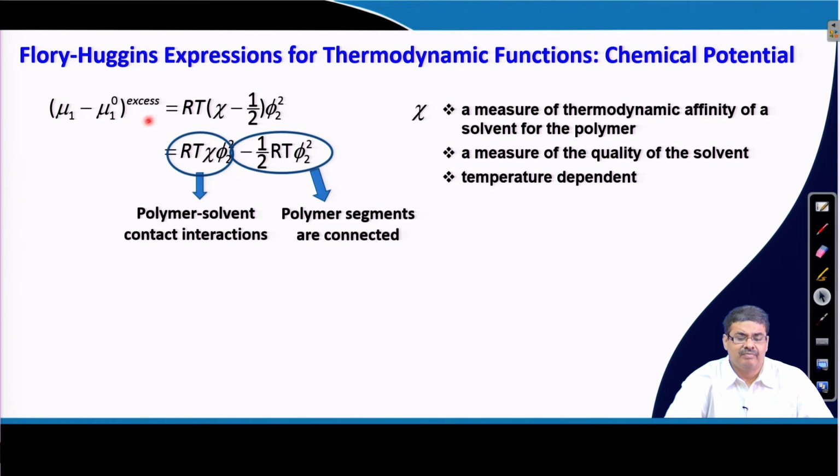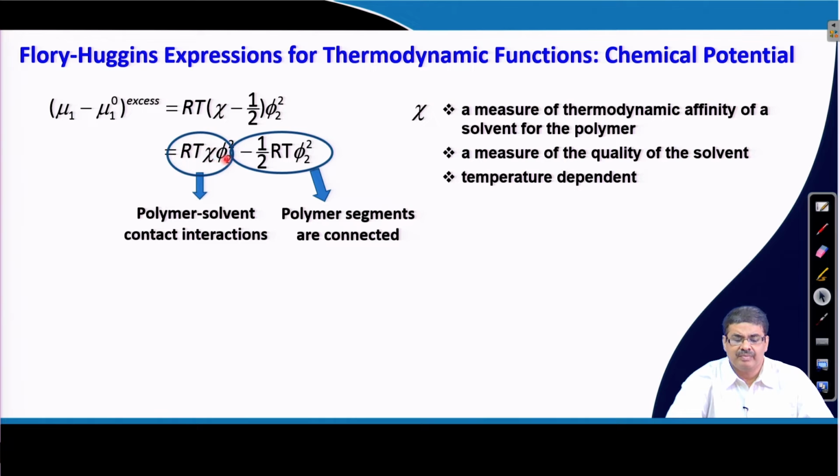Now, if this excess quantity is negative, then the partial molar Gibbs free energy change will be lower than the ideal value, which means the polymer will dissolve in the solvent even better than in the case of an ideal solution. If this is positive, then obviously the solvent quality is not as good as in ideal solutions and the solubility of the polymer will be lower than in the ideal case.